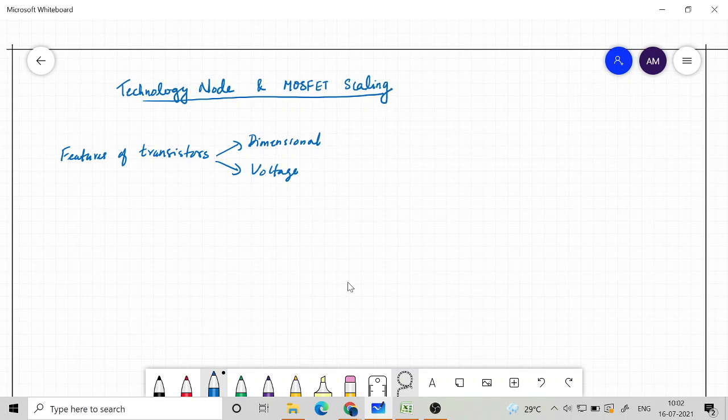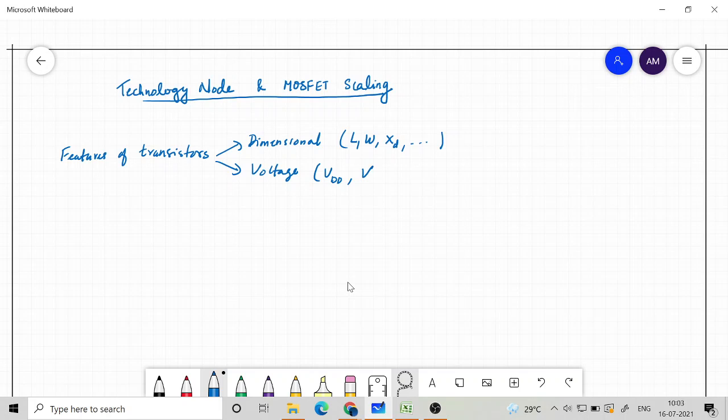Dimensional means length, width, depletion width, this kind of thing. Scaling dimensional features is relatively easier compared to scaling electrical voltage. Voltage means your VGS, or you can say VDD. VDD will decide your VGS and VDS, etc.